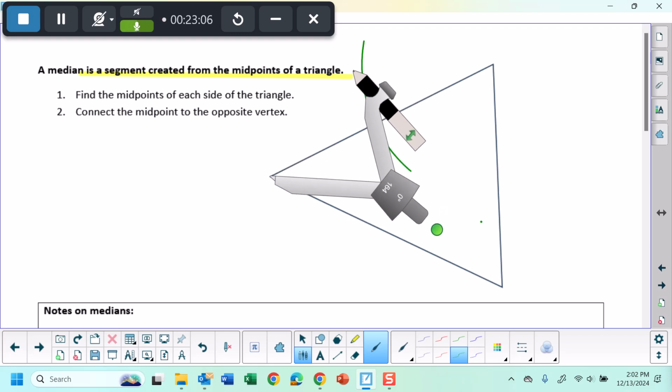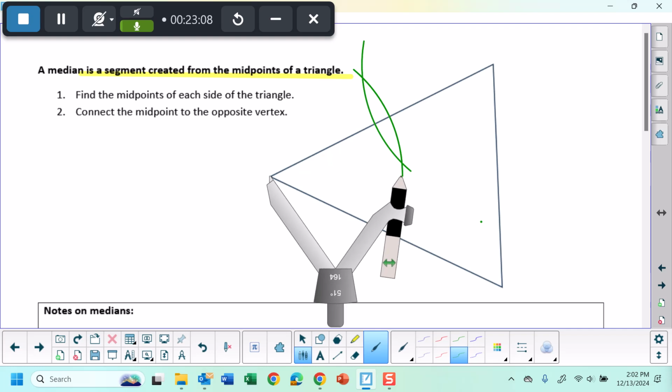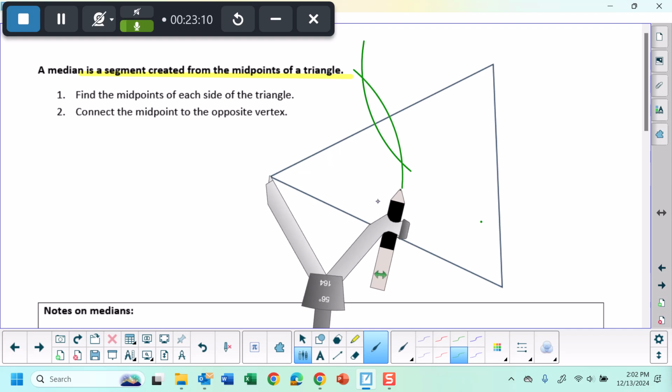Go to the other vertex. Draw an arc from the other vertex and connect those points. Your perpendicular bisector tells you where your midpoint is.